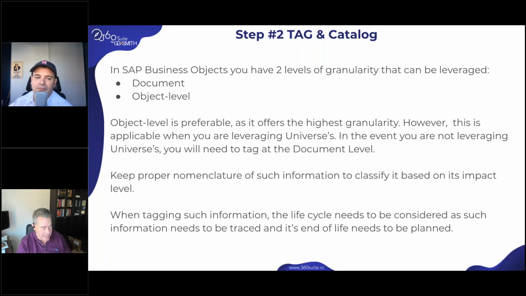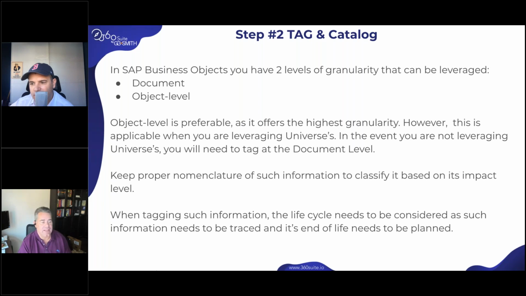Because that's really at the granular level of each individual element, whether it's first name or last name, social security number, telephone number, all those individual elements can be tagged.